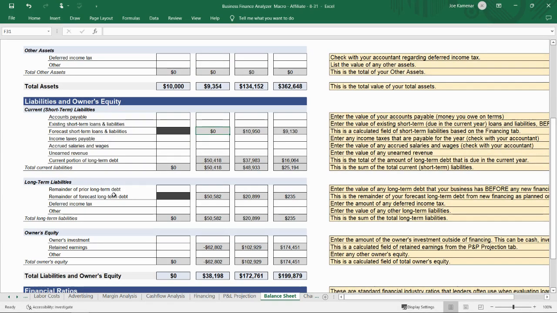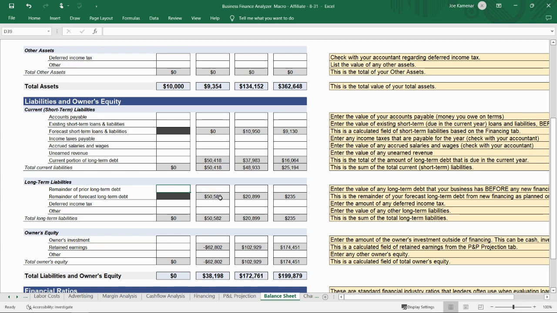Now let's look at long-term liabilities. So long-term is what's outstanding other than the part that's due in the next 12 months. It's longer term. So remainder of any prior long-term debt, you can add that manually. It's before the financial plan.